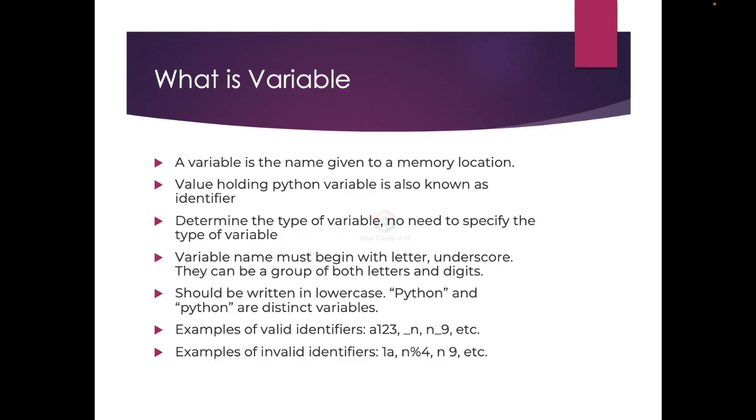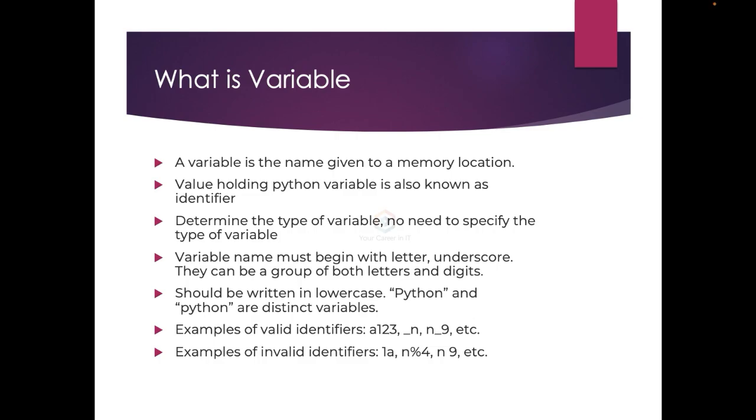A value-holding Python variable is known as an identifier. Unlike some other languages, there is no need to specify the type of the variable, whether it's string, float, or integer.